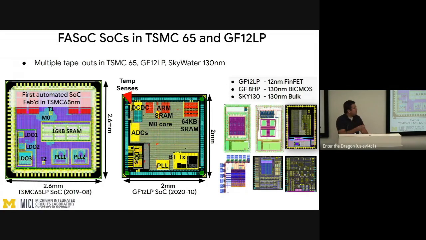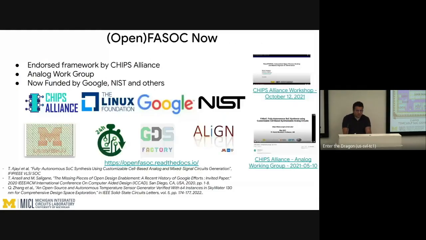We included more generators. We actually do analog generators, if you didn't understand, but we included more blocks and more circuits there. And we demonstrated that, published it in a couple of conferences. And then when the initiative with Skywater and Google started, we started with many more tape outs. So those are a couple of screenshots of our tape outs, and I'll go into more details as we go.